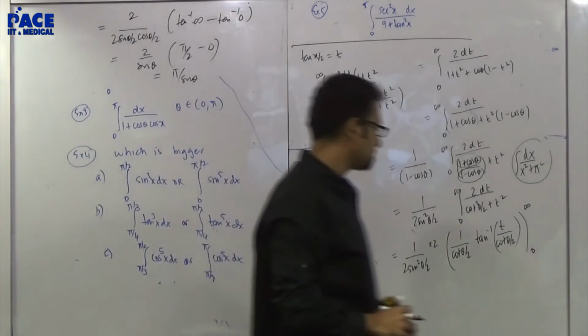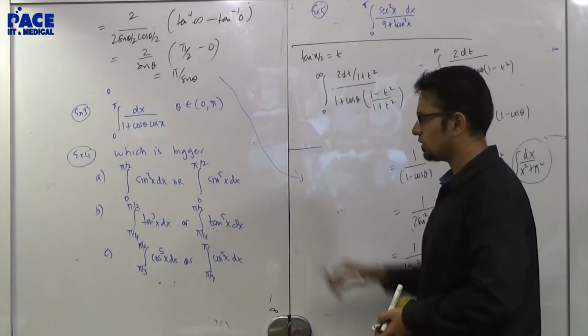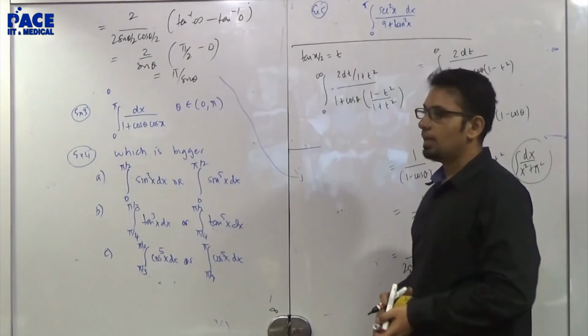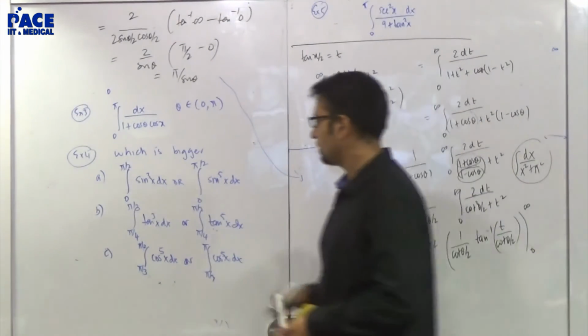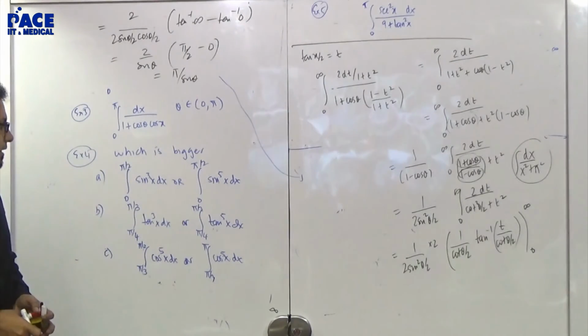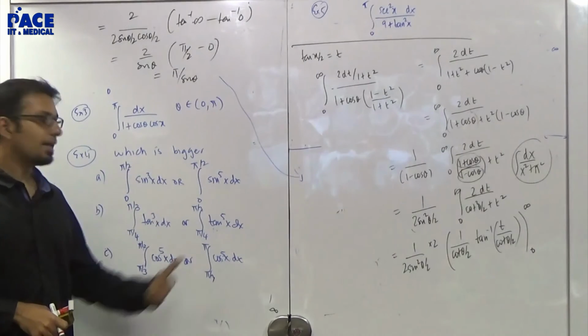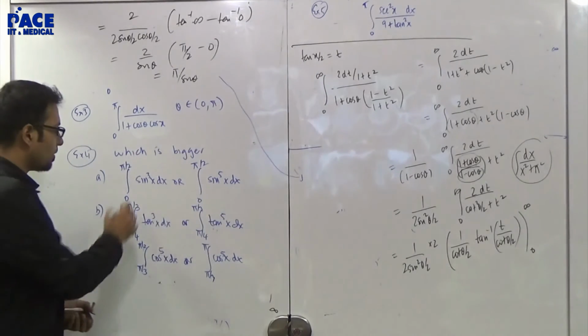Okay, that was a very interesting exercise. This is a small exercise, pay attention over here. I'll give you time to copy. Which one is bigger? The integral of sin cube x or the integral of sin raised to 5x from 0 to 90?